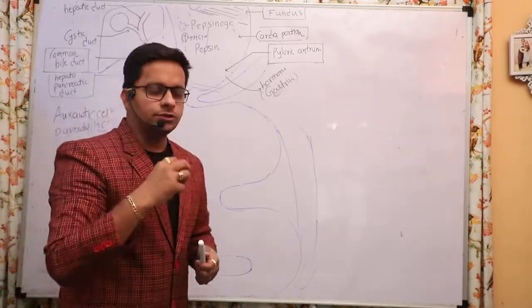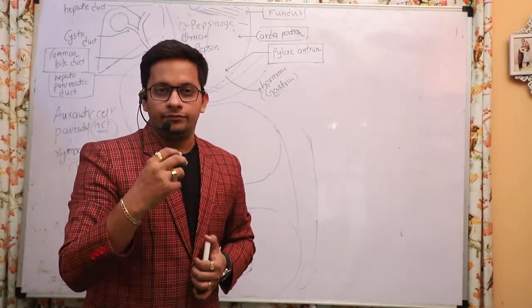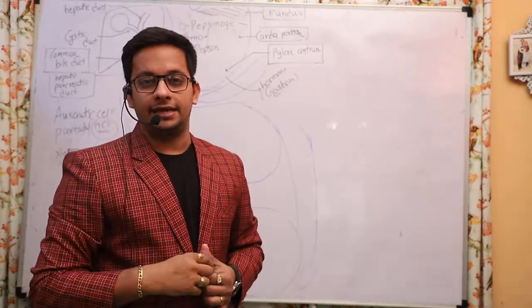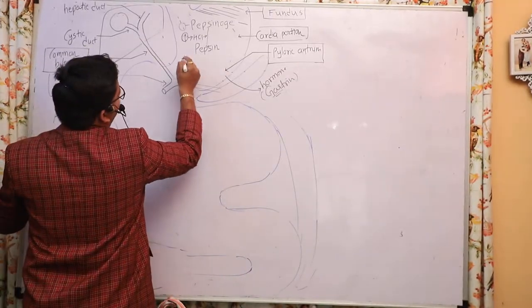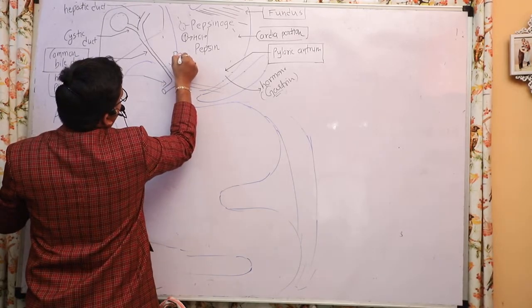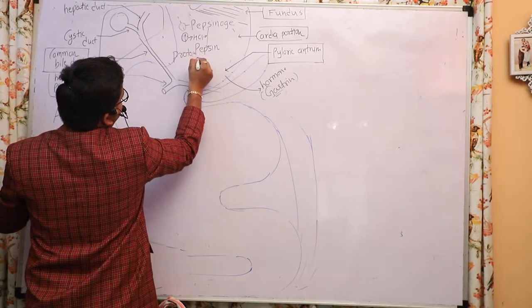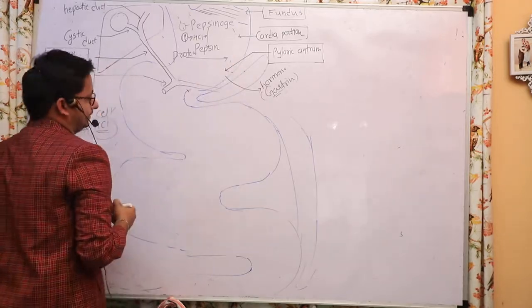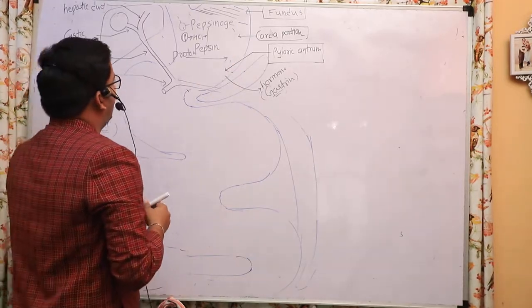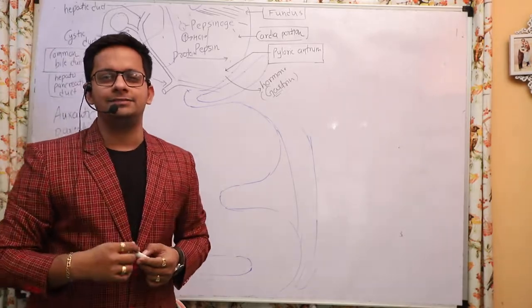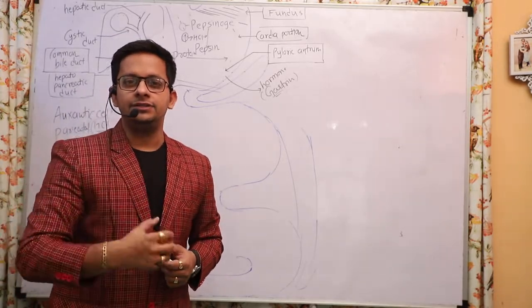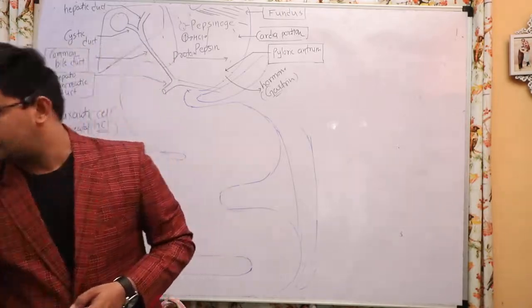Now the food particle in which protein is present will make contact with this pepsin, and now protein digestion will start. How will protein digestion start, what is protein, and into which product will it be converted?